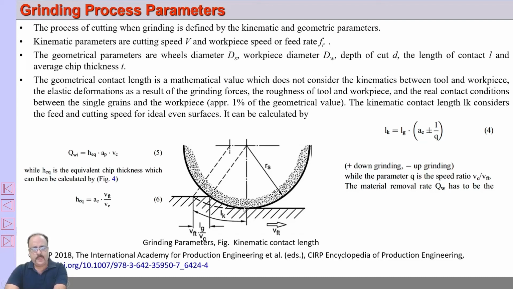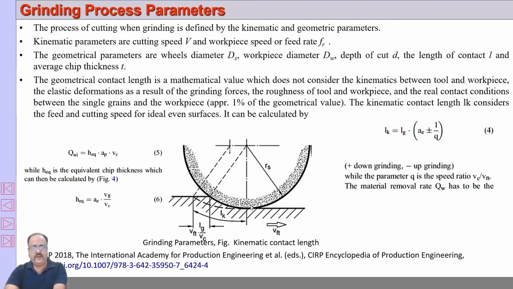This is called the kinematic contact length. Now let's see. This travels from here to here if there is no feed. Now this distance traveled per unit time is the peripheral speed, that is Vs, or Vc. So the time required to move from here to here without any feed is Lg by Vc.